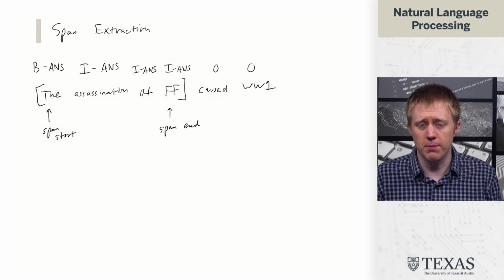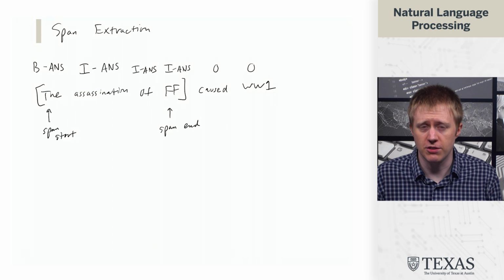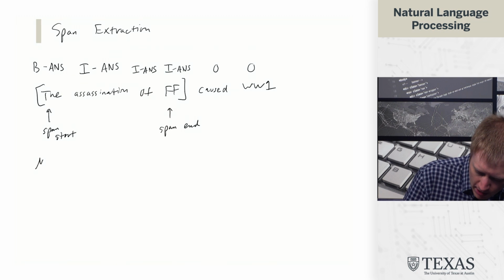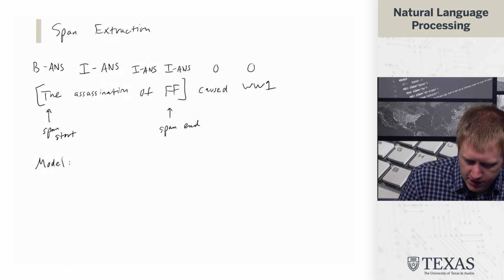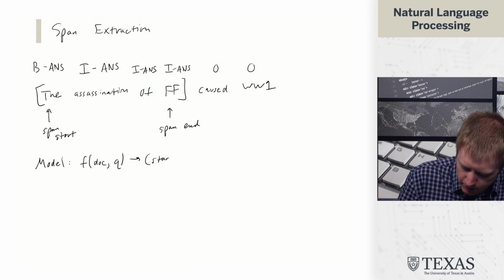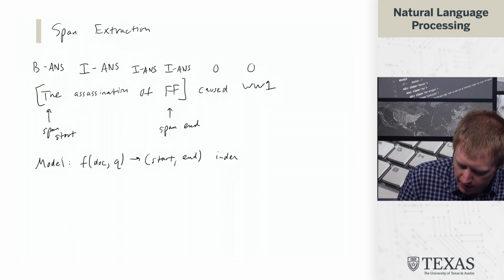Now, one difference from NER is that we only want one span here. In named entity recognition, it was generally fine to have multiple named entities in a single document. But here we want to pick the best one. So our model is generally going to be a function of a document and a question, and is going to return a start and end index pair.